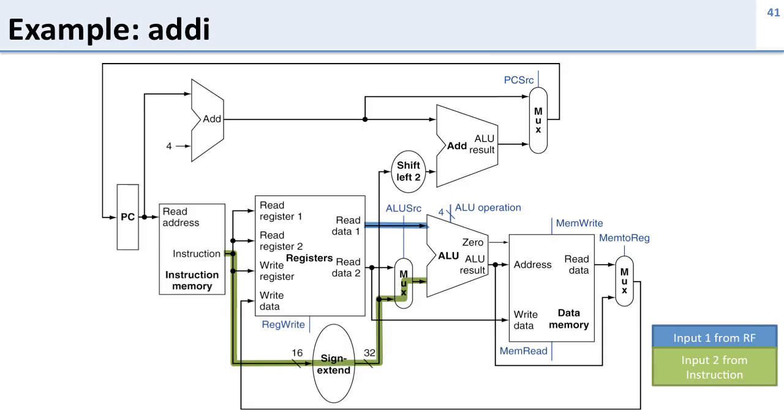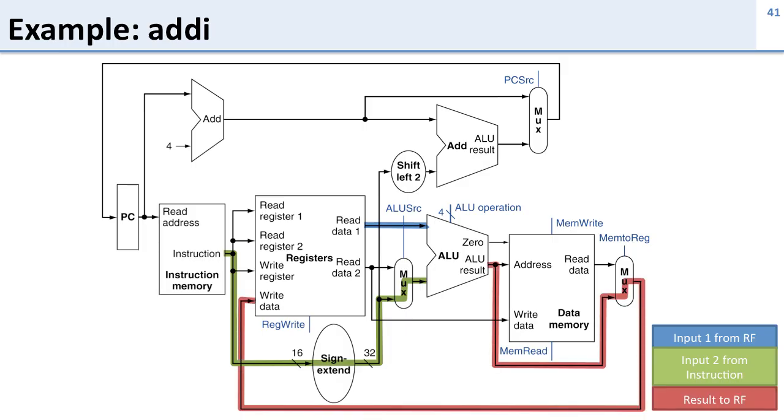Now where does the output go? Well, addi writes back to the register file, so the output from that is going to go and get stored into the register file. So now that we've looked at this, we could write down what the logic equations are for some of these controls because we know some of the inputs. We know that for the addi instruction, those controls have to be set so that we get the right stuff for this instruction.